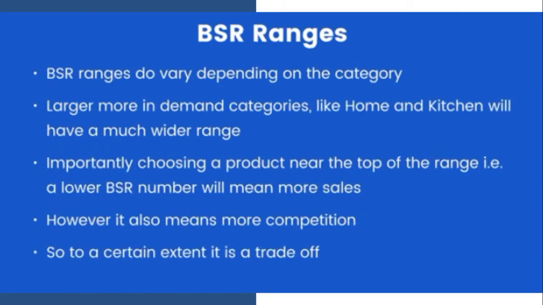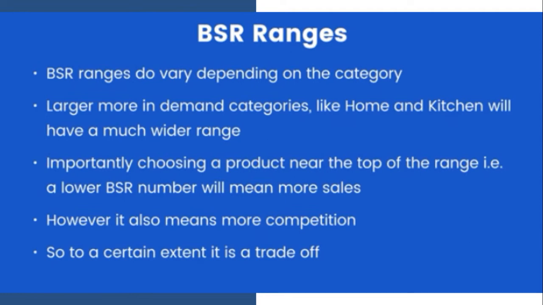Okay, and you're going to see how that is possible. So BSR ranges do vary depending on the category. Larger, more in-demand categories like home and kitchen will have a much wider range. Importantly, choosing a product near the top of the range, that is a lower BSR number, will mean more sales, but remember, also high competition.